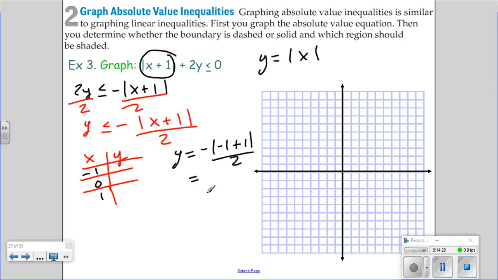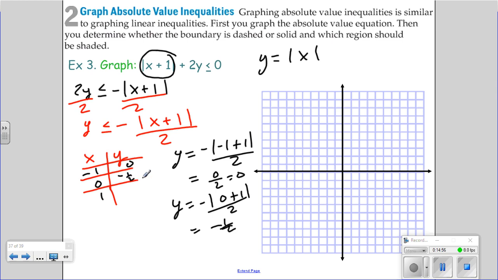If you calculate that with a calculator, you would end up with -1 plus 1, so that's 0. So 0 over 2, which is 0. For the second one, it's negative absolute value of 0 plus 1, over 2. So that would give me a 1, so a -1/2.